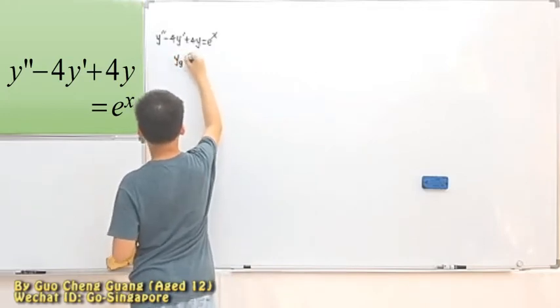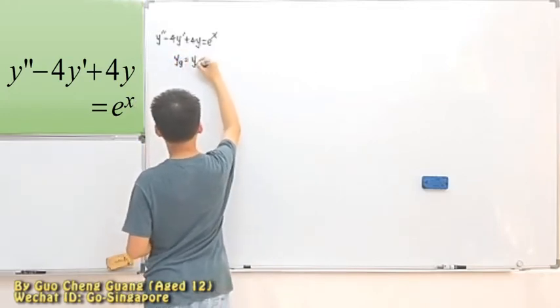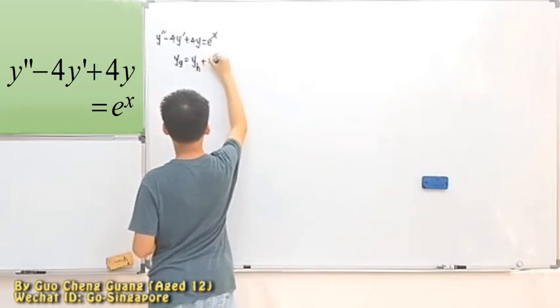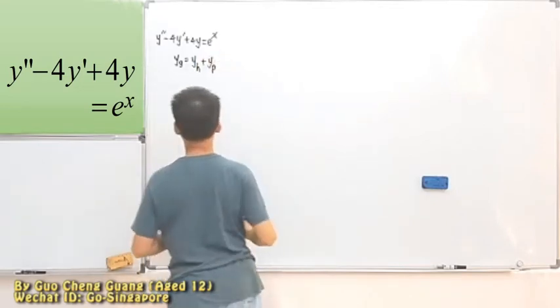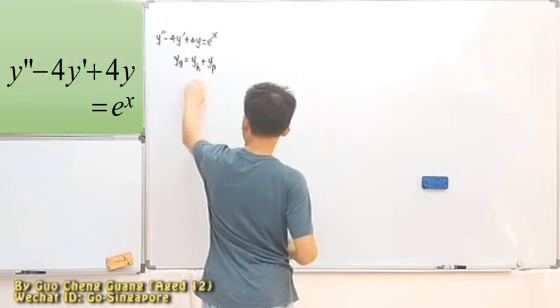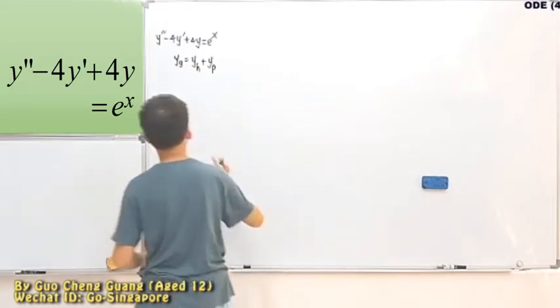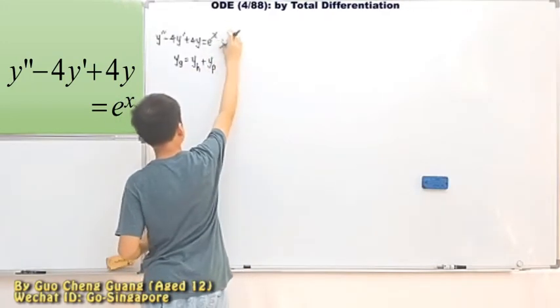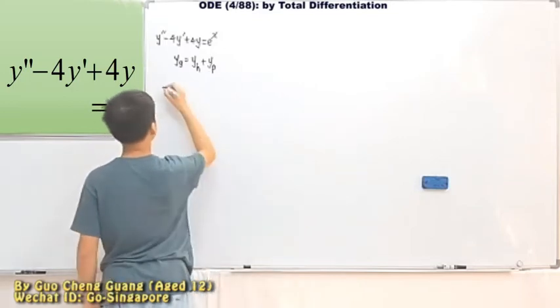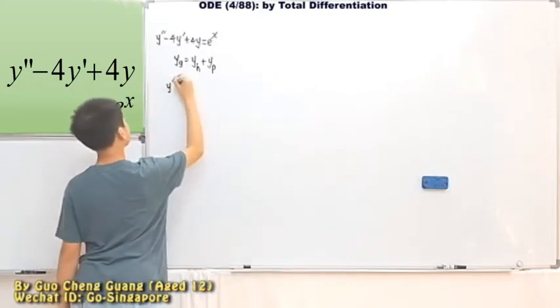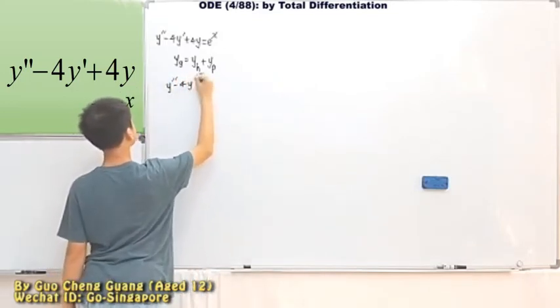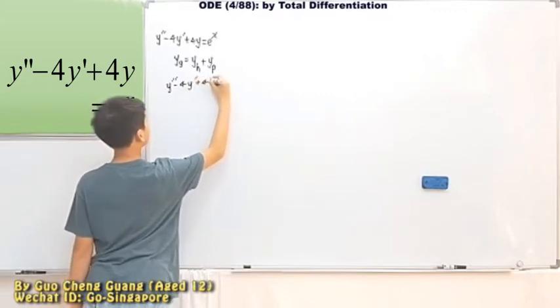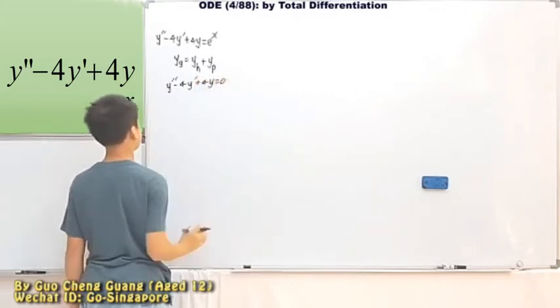Let me say YG is YH plus YP. Let's first think about this YH, the homogeneous. So we just take this e to the power of x as a 0.